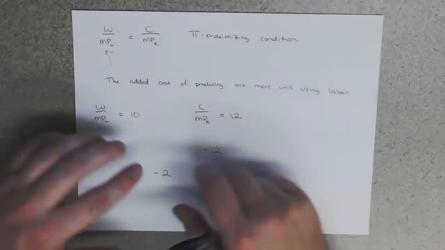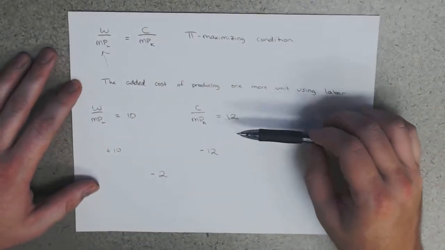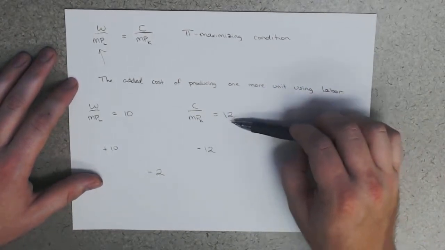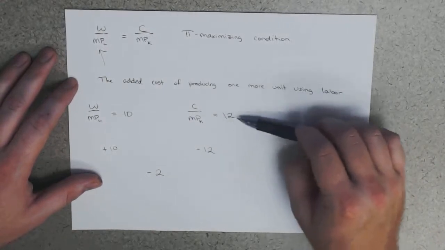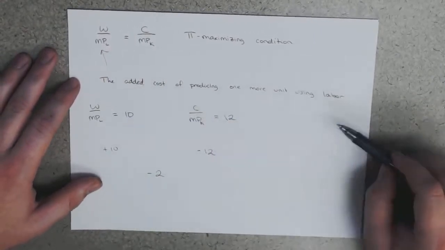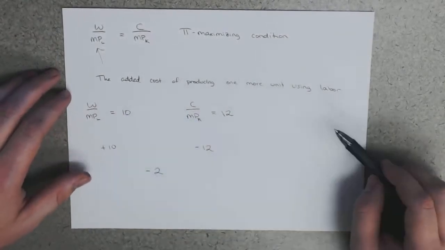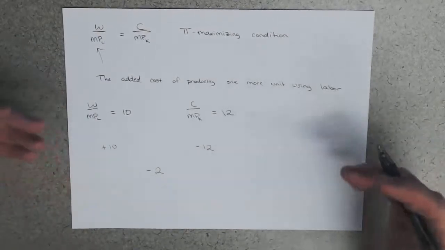Right? So let's say I'm producing 1,000 units. I can cut my machines such that I produce 999 units, and I would save $12. And then I can increase my labor such that I produce 1,000 again, and it would only cost me 10. So I've just saved the company $2, which is kind of cool.